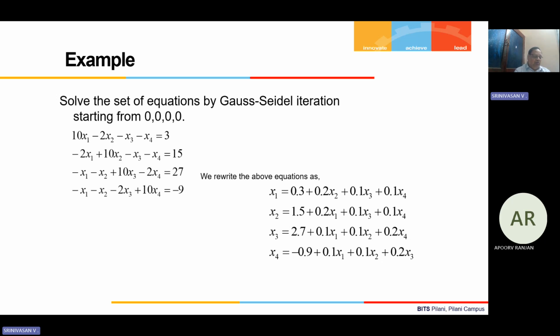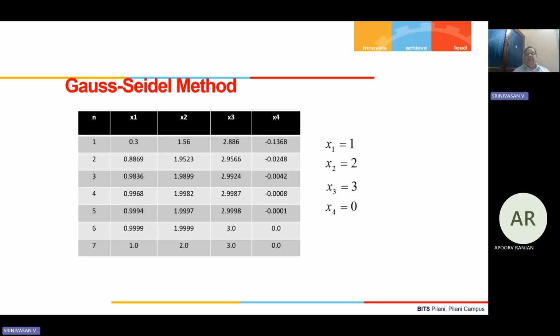If you add these three, you should get the x3 value 2.886. Correct. Go to x4 now.